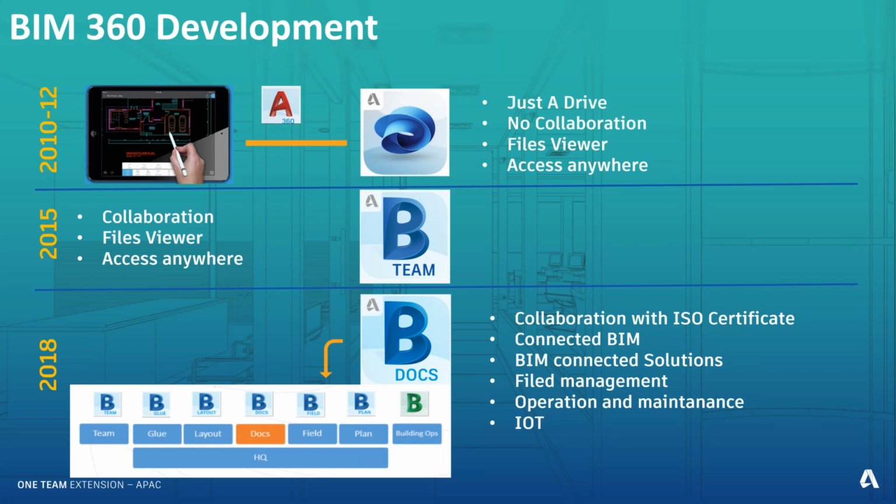And then we were able to link multiple services on top of it, like BIM 360 Glue or model coordination, BIM 360 Field for field management, BIM 360 Layout for point layout, connecting hardware like total stations with your model, and also BIM 360 Plan and Ops for further integrations for operation and maintenance.